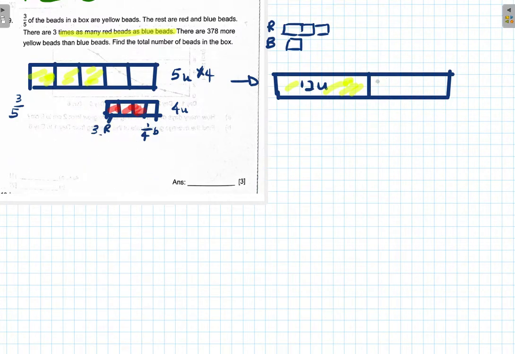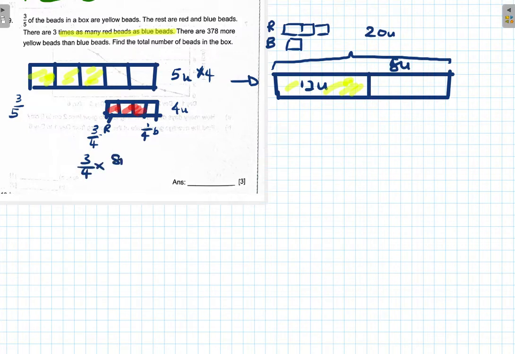Because here is when this whole thing is 20 units. This thing here is actually 8 units, correct or not? 8 units. So here red is 3/4 times 8 units, because it's of this thing here. So I must times.